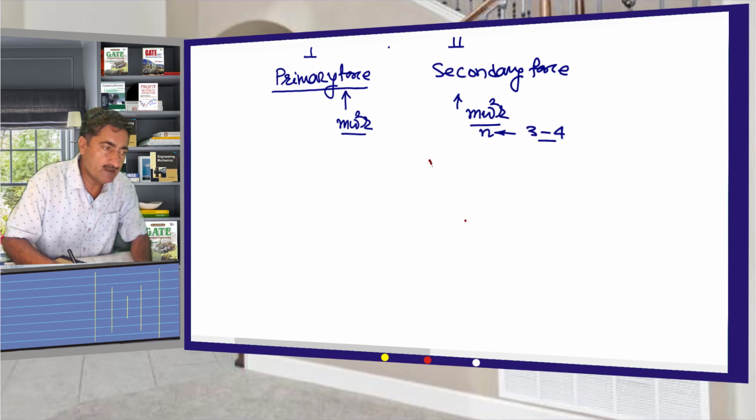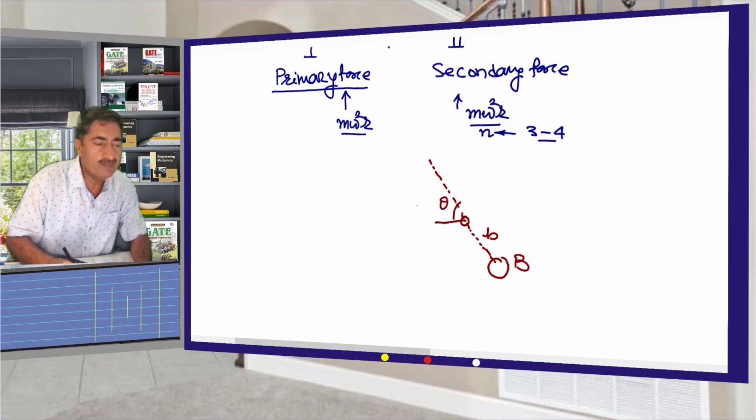This is crank. This is crank. Mass B at b. This is theta. This is also equal to theta.